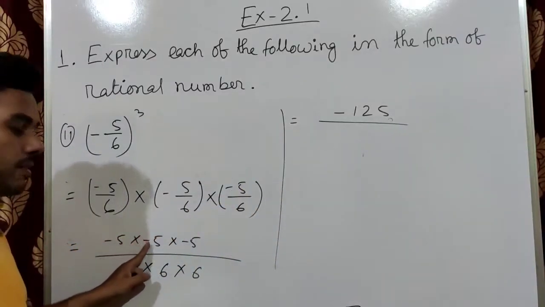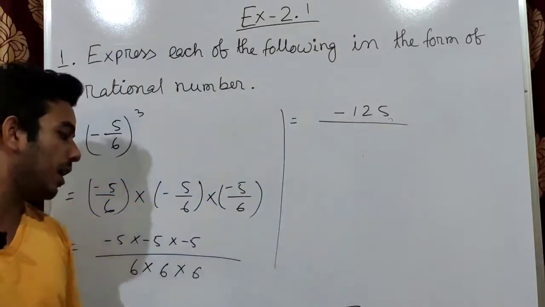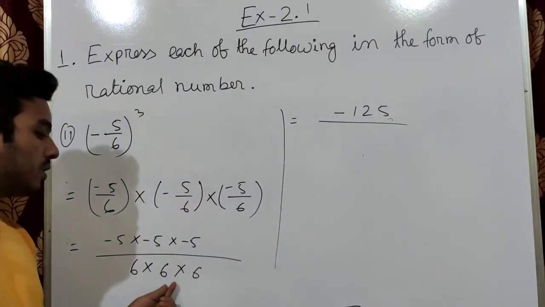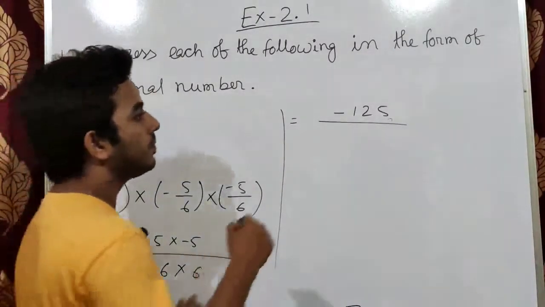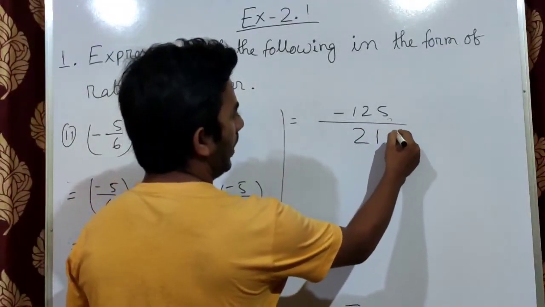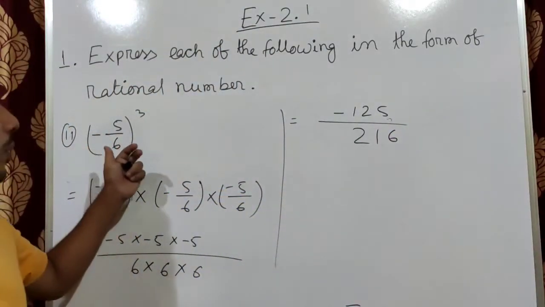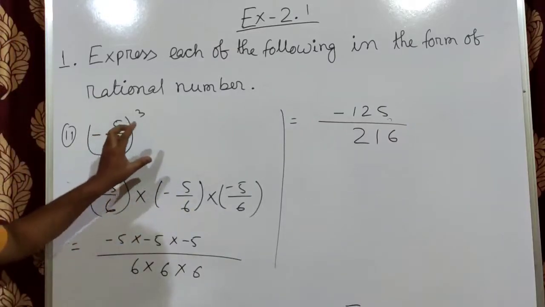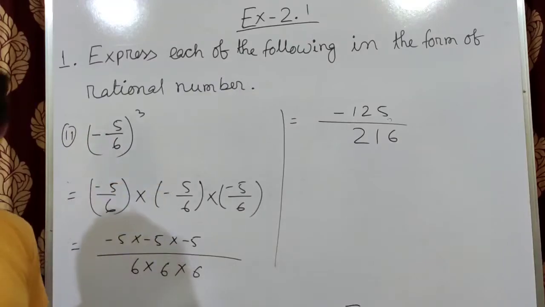Minus into minus is plus, then plus into minus is minus, so minus. Now for 6, 6 into 6 is 36, 36 into 6 is 216. So this is our required answer, or that is, this is our required rational number of minus 5 by 6 to the power 3.